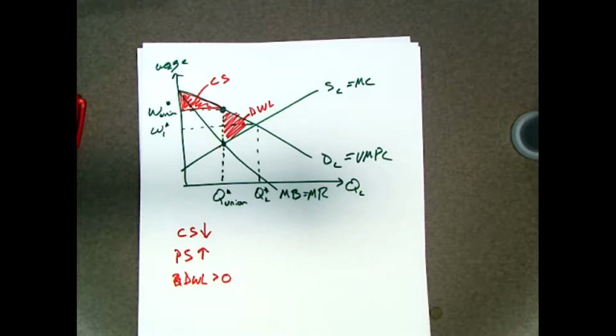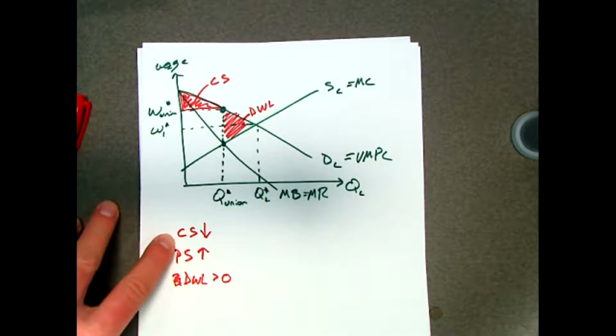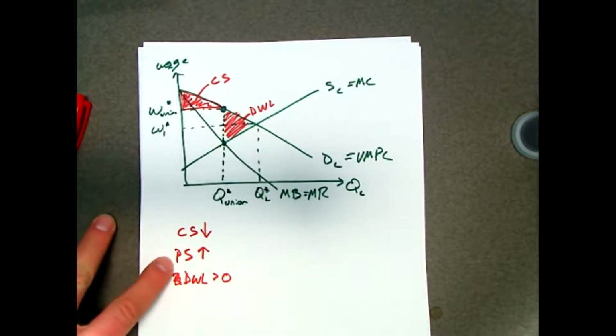Right? But here, remember, who are the consumers of labor? The consumers of labor are the companies, right? So when I have a union, workers come together, they're able to decrease the company's surplus, those consumers of labor, and the producers now are the ones supplying the labor.